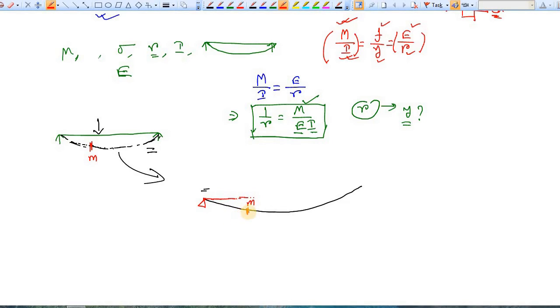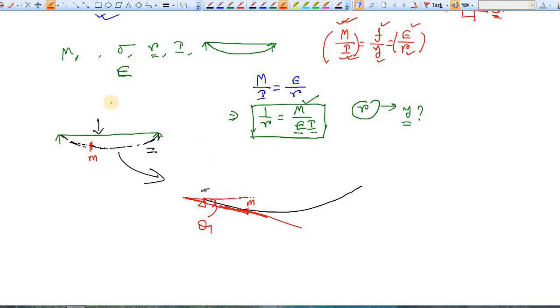Now draw a tangent at M. Well, it will be something like this. This is the tangent at M, and it will make some angle with the original beam. Let's say this is your theta 1.